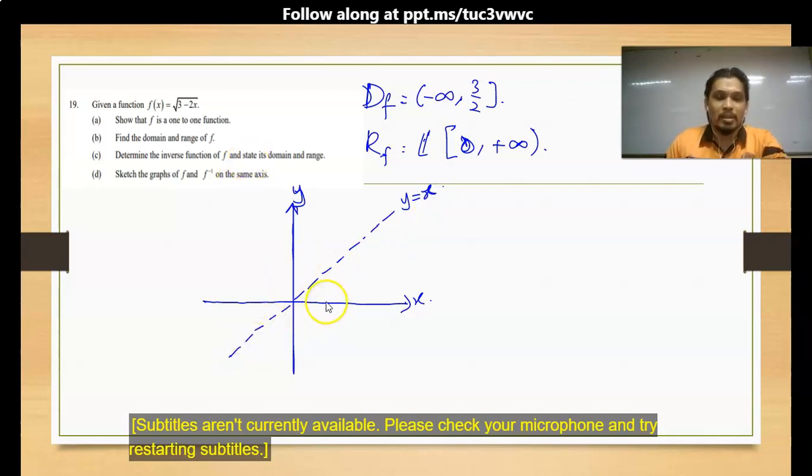Just now the graph of f(x) began starting from 3 over 2, and the graph is something like this.